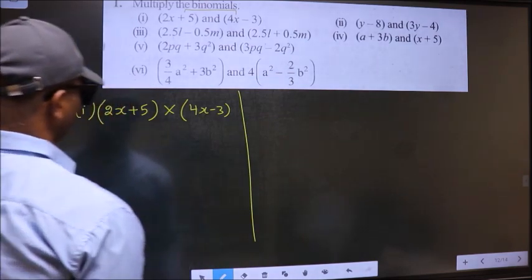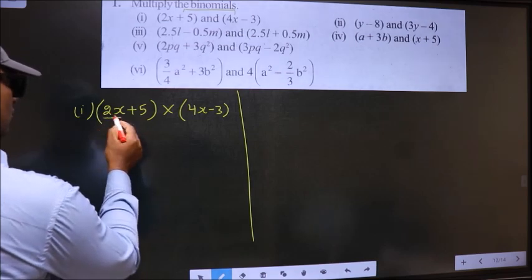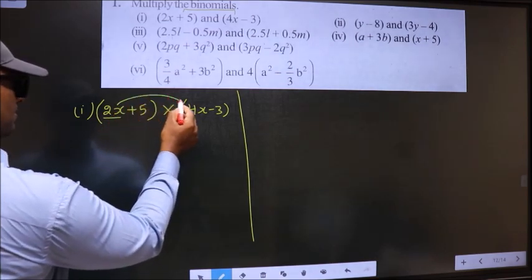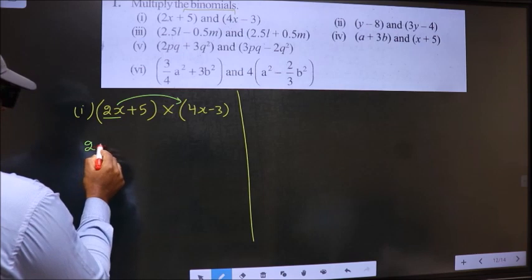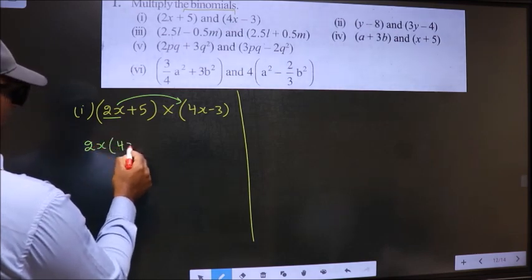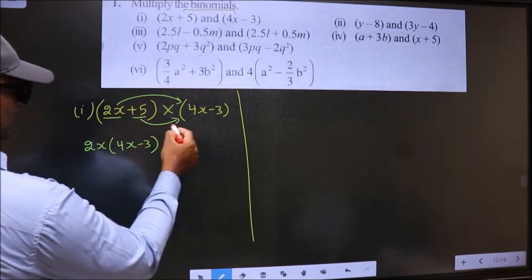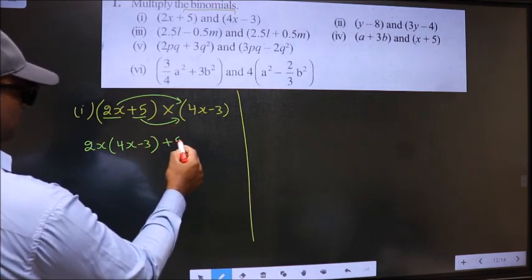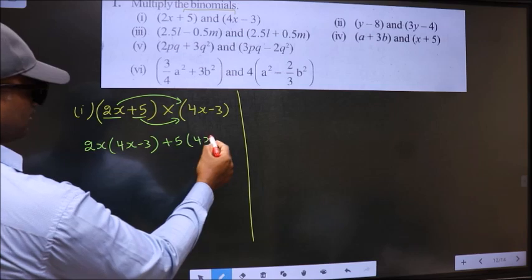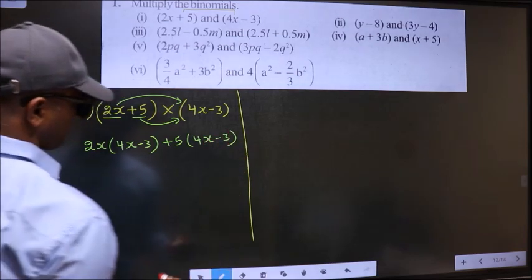Next, now with 2x you should multiply this bracket, that is 2x times 4x minus 3. Now with plus 5 you should multiply this bracket, that is plus 5 times 4x minus 3.